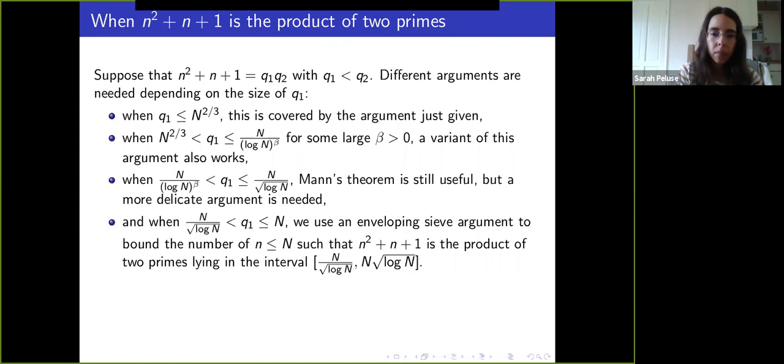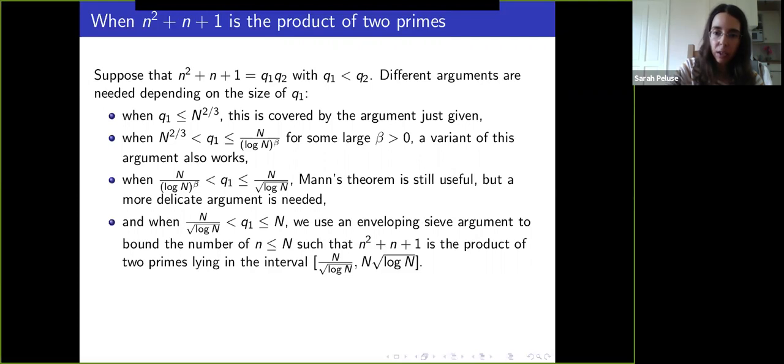So I'm not going to say much about this because either you know how these arguments go, and then it's a pretty routine enveloping sieve argument, or you don't, and then I don't really have time to explain it in a way that's not just confusing and full of huge expressions that fill up an entire slide.